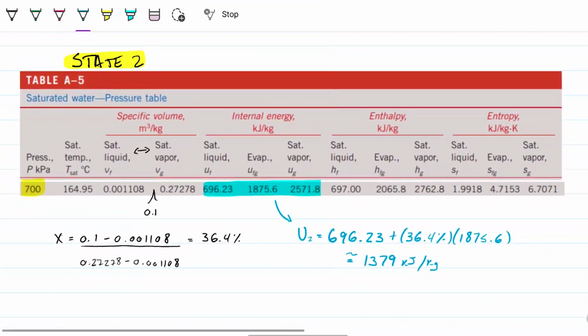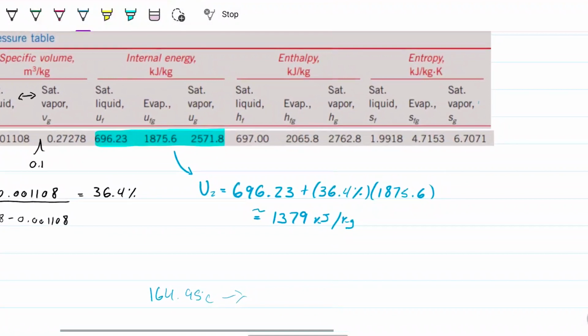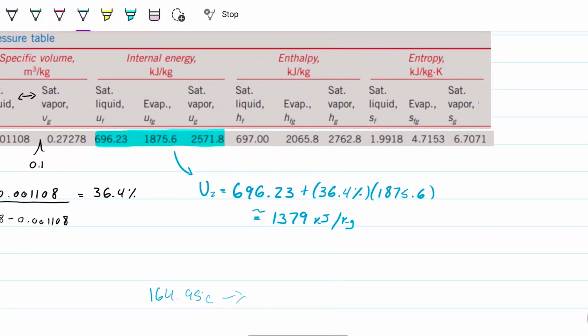State 2, I am a mixture, so I am at 164.95 Celsius. And I am a mixture, so about 34%, 36% of this. Should I do the math? I wonder if I should do the math here to get the proper number.